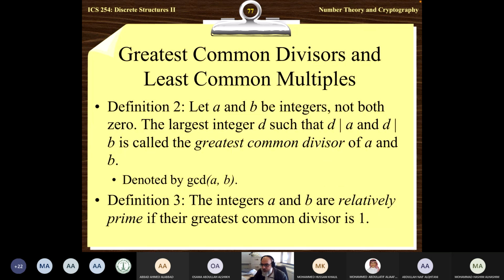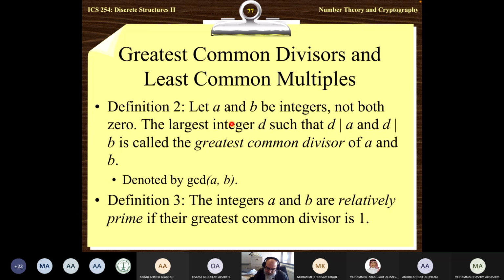So let's go back now to problem solving. Let's take the definition of greatest common divisor and least common multiple. I think you have seen this in high school.